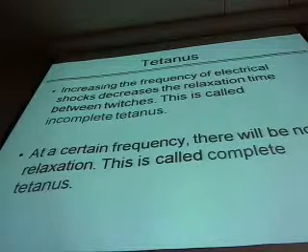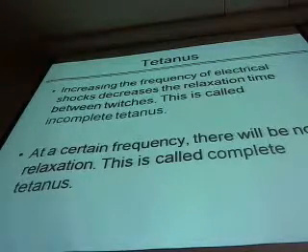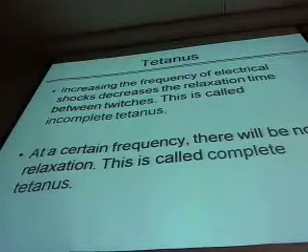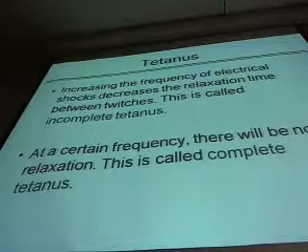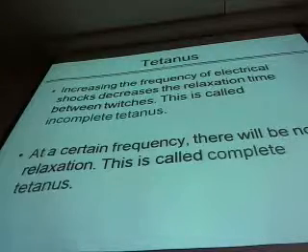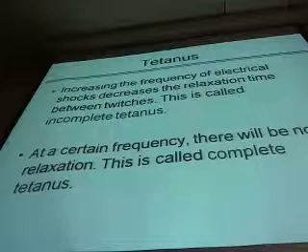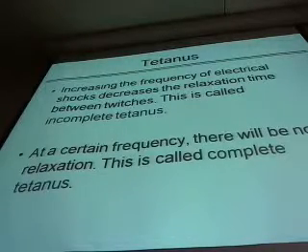Now, there's two different types of tetanus. You have the tetanus that you get from bacteria, and you have the tetanus you get from something like this. In bacterial tetanus, the muscles still are not allowed to relax.